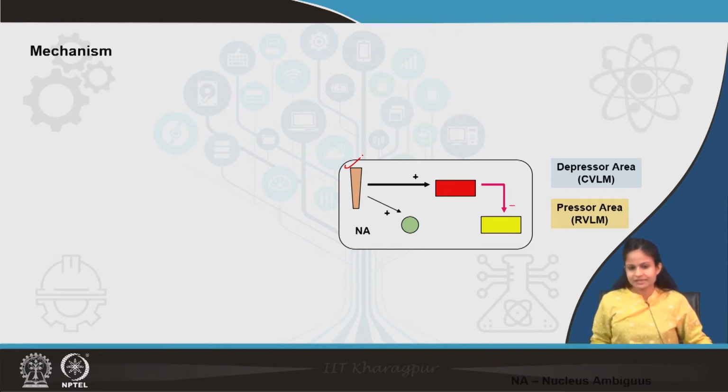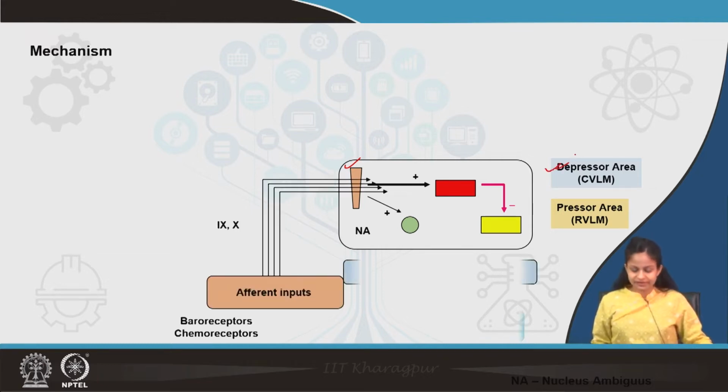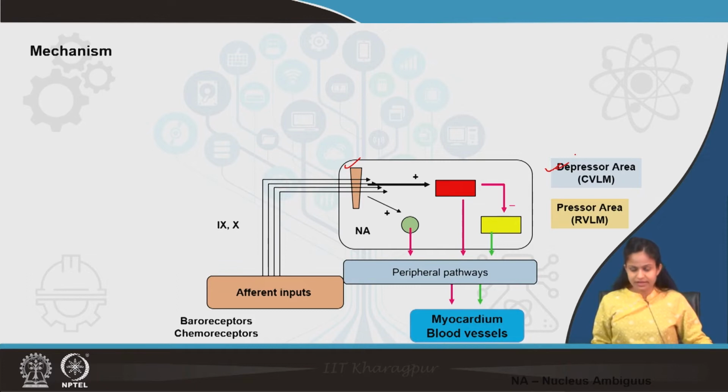The pressor area is usually the vasomotor area, which stays tonically active, mainly the rostroventrolateral medulla, and the depressor area is the caudoventrolateral medulla. Now the afferent inputs are usually from the glossopharyngeal nerve and the vagus nerve, that is the 10th nerve. These afferent inputs are sensed by the special receptors which are present, that is baroreceptors and chemoreceptors. This we had already discussed.